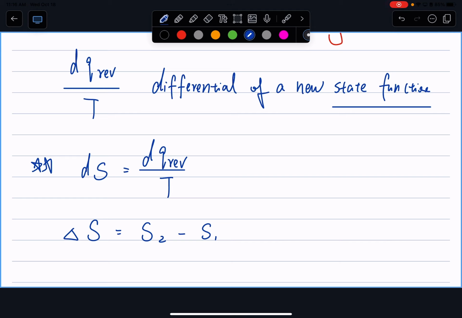What we're doing is taking the integral from 1 to 2 of this dq rev over T. And since heat is an extensive property, naturally your state function entropy is an extensive state function. So it matters what's the number of moles you have in your system.